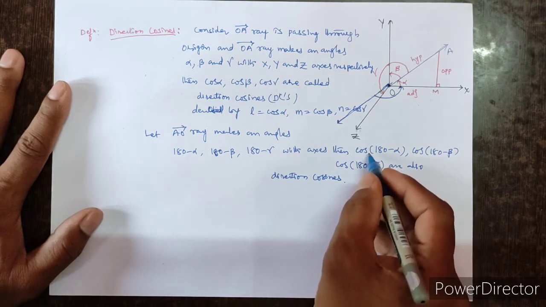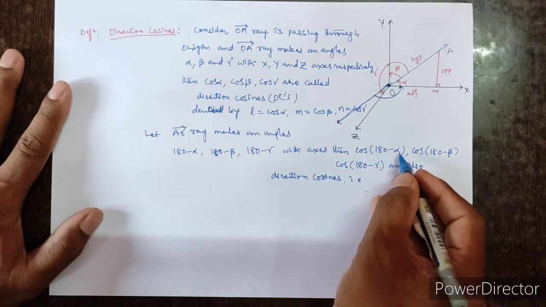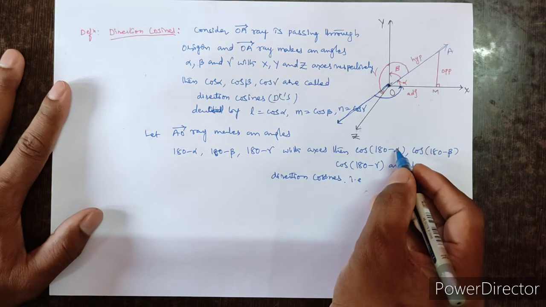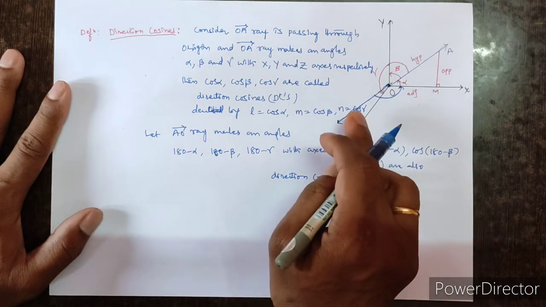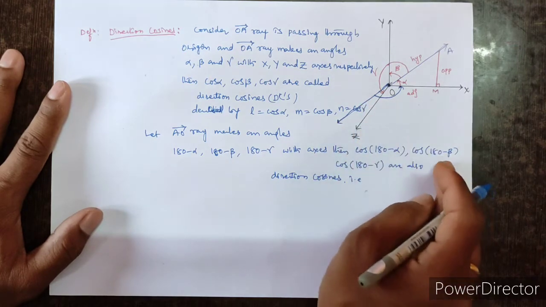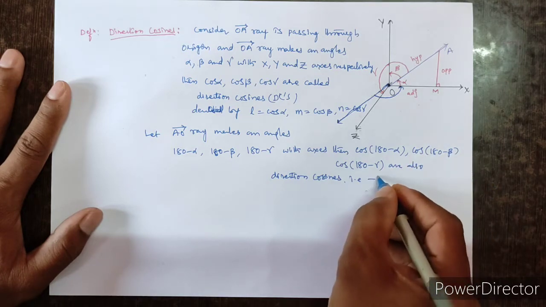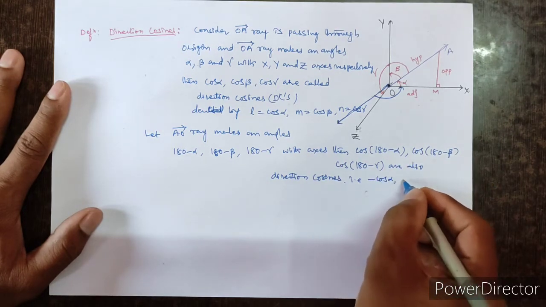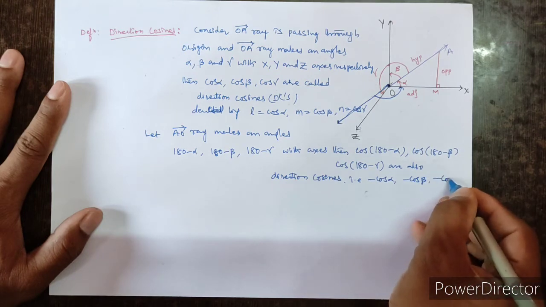That is cos 180 minus alpha. Already we know 180 minus alpha is nothing but in the range 0 to 90, 90 to 180. That is the second quadrant. In the second quadrant cos is negative. So minus cos alpha, minus cos beta, minus cos gamma.